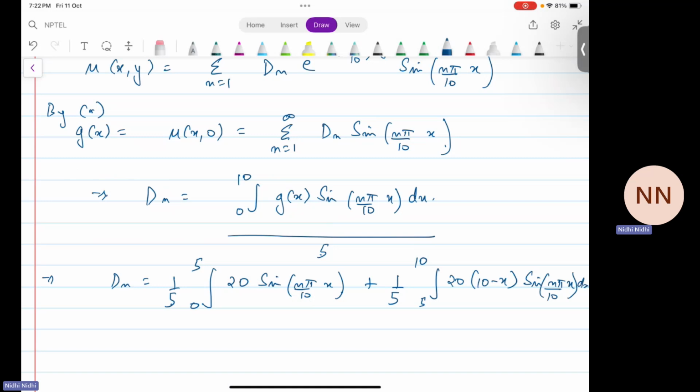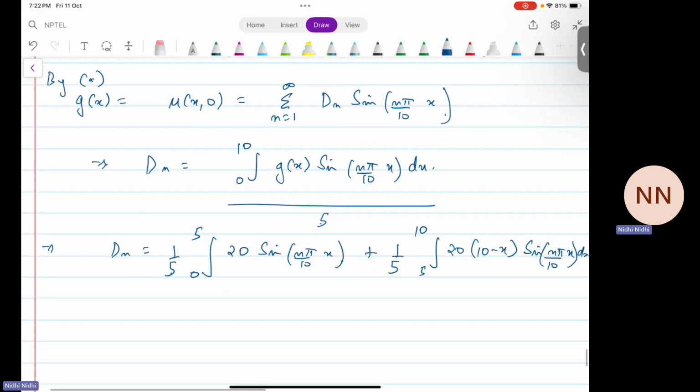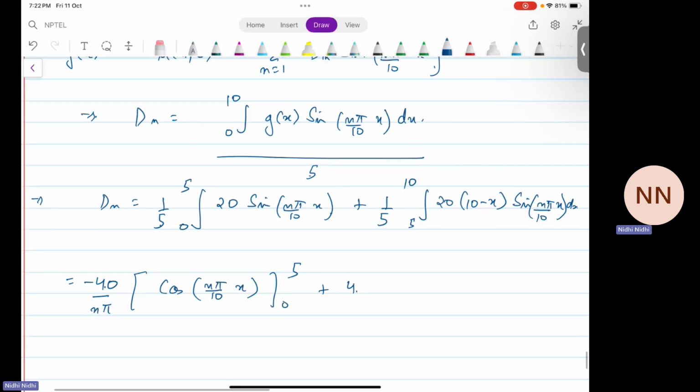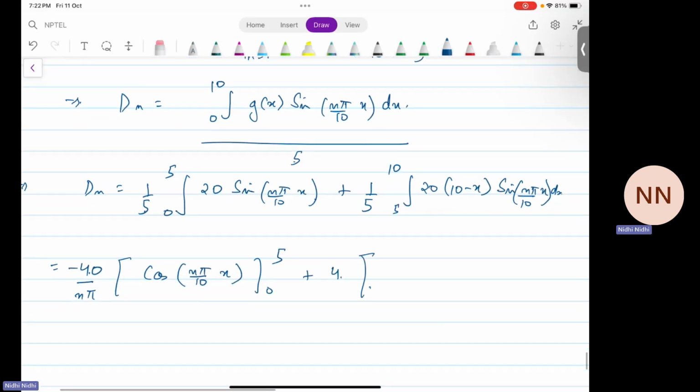So I hope you can just integrate this using integration by parts, and this will turn out to be 4 times minus cos n pi by 10 x from 0 to 5 over n pi by 40, plus 4.